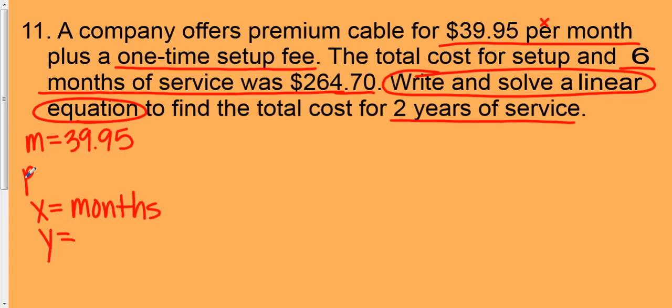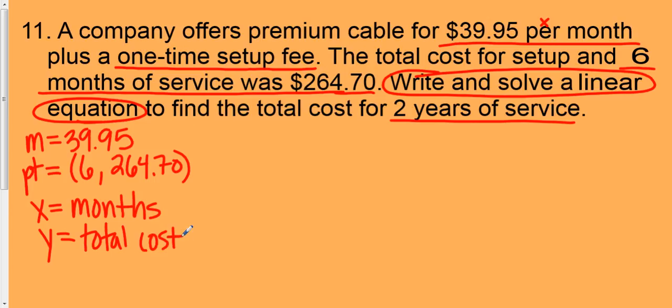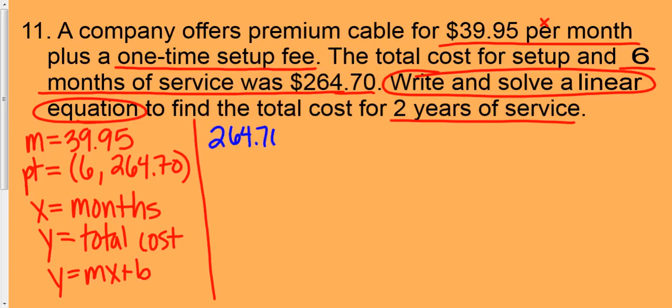Other information that we can find in this story problem is a sample point: 6 and $264.70. And y, again, is going to be the total cost. All right. Again, we're going to use y equals mx plus b. We'll be using this equation a lot. However, it can help us out. We'll go ahead and substitute $264.70 in for y.